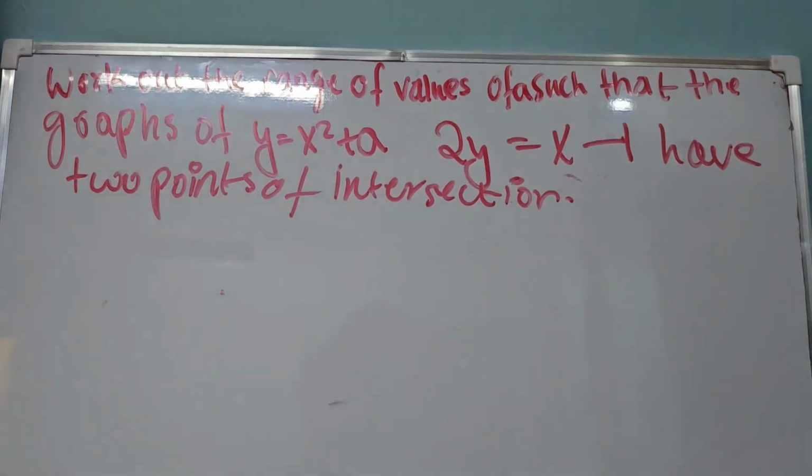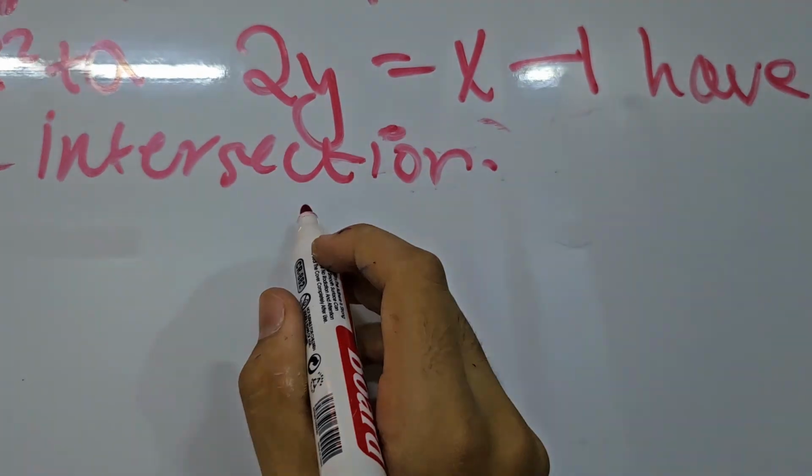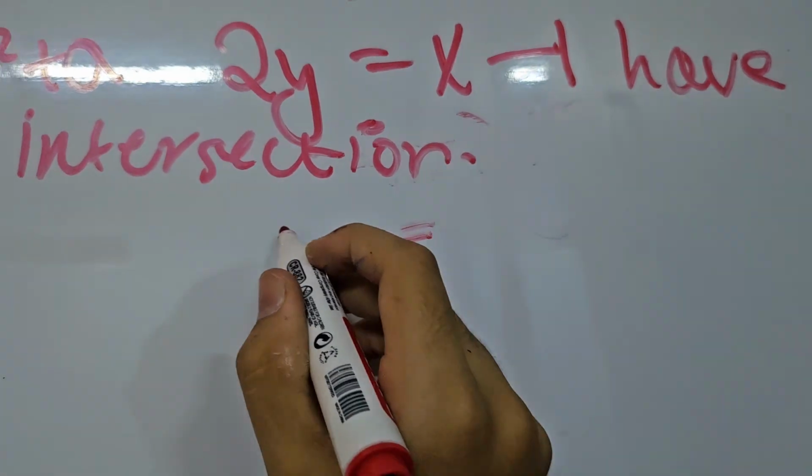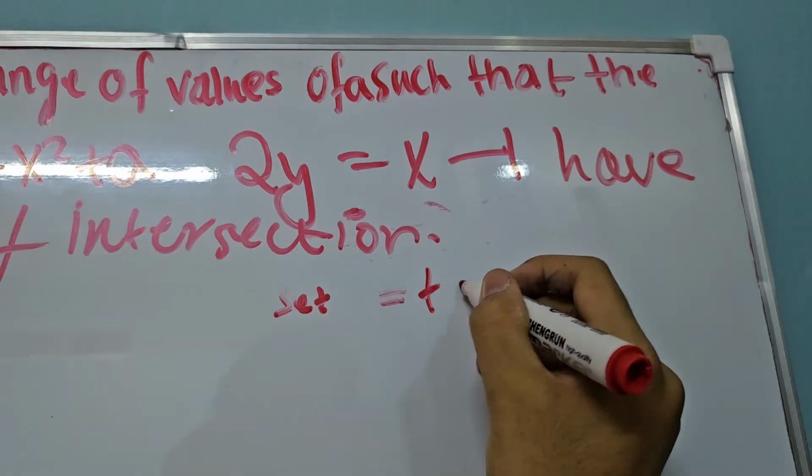So the first thing to do is, whenever we need to find the intersection, we have to set the equations equal to each other.